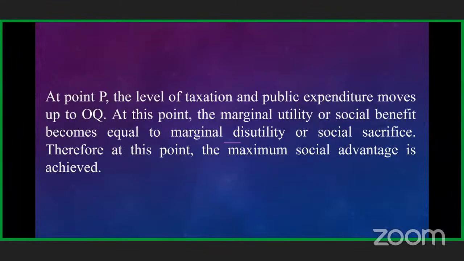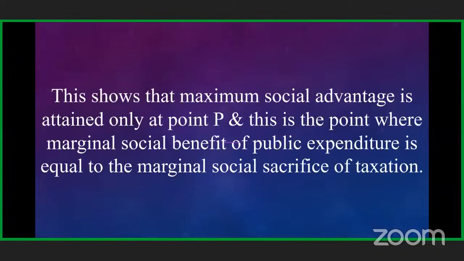The maximum social advantage is attained only at point P, where marginal social benefit and marginal social sacrifice are both equal to each other. This point is known as the maximum social advantage point.